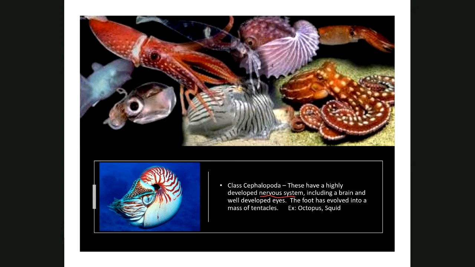These animals happen to be very intelligent for the most part, especially some octopus. There's a PBS special on octopus that was on Nature that aired last year. If you can find it, I would recommend it. It's somebody who's keeping an octopus as a pet. They teach you all about the intelligence of these animals.